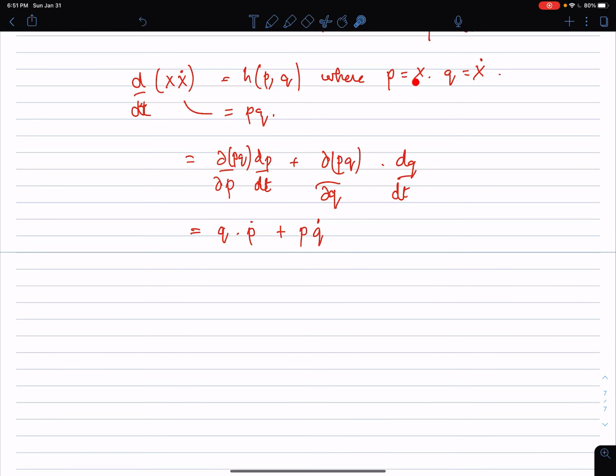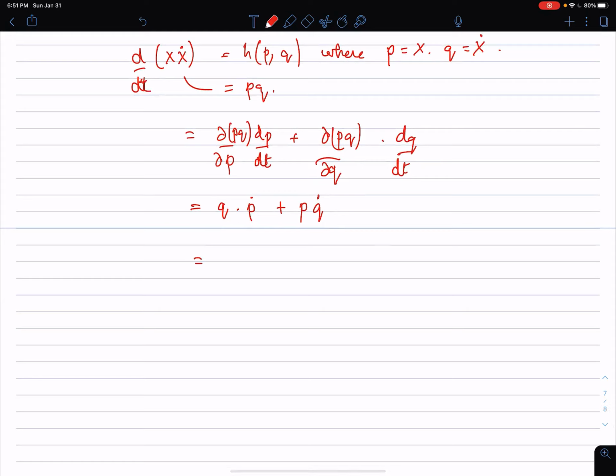And recalling that p is x and q is x dot, you can plug this in here. You have x dot times x dot, and p dot is x dot because p itself is x, and then q dot is x double dot because q itself is x dot.